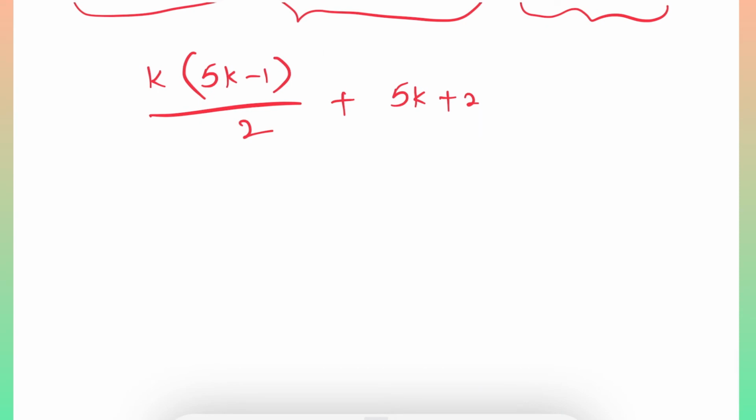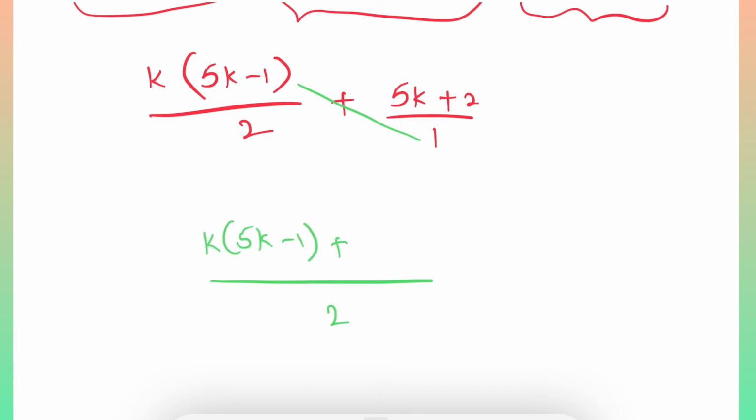Here 5k + 2 doesn't have any denominator, so I will write it as over 1. Now let us do cross multiplication. Both denominators are different, so multiply them: 2 ones are 2. That gives k(5k - 1) + 2(5k + 2), keeping a bracket because 5k + 2 has two terms.